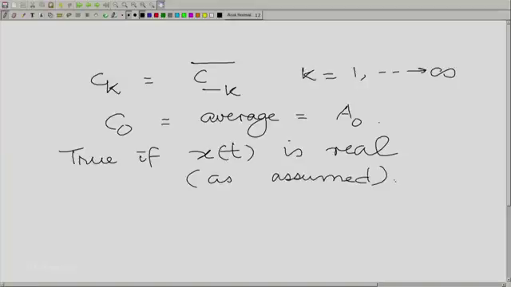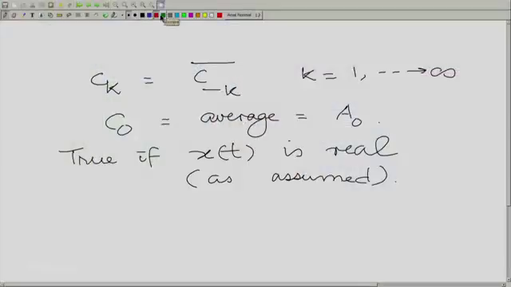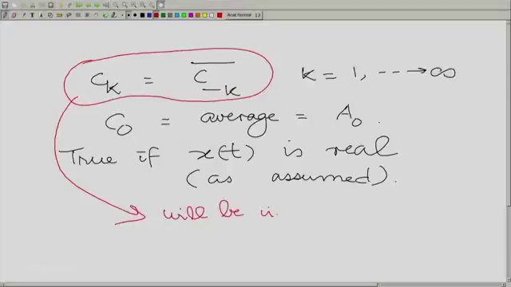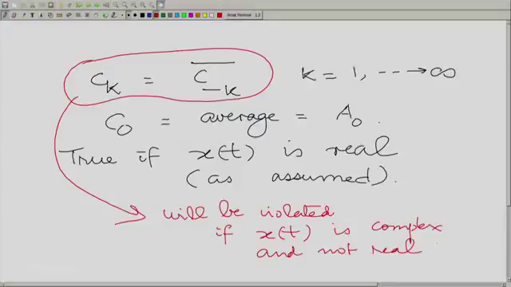But this is where we want to be a little more general now. We do not want to confine ourselves to real waveforms, in which case this can be violated. So, Ck may not be equal to C of minus k complex conjugate if x(t) is not real. Let us write that down clearly. This will be violated if x(t) is complex and not real.